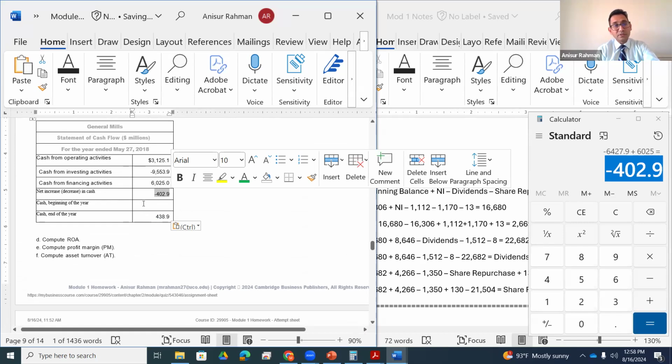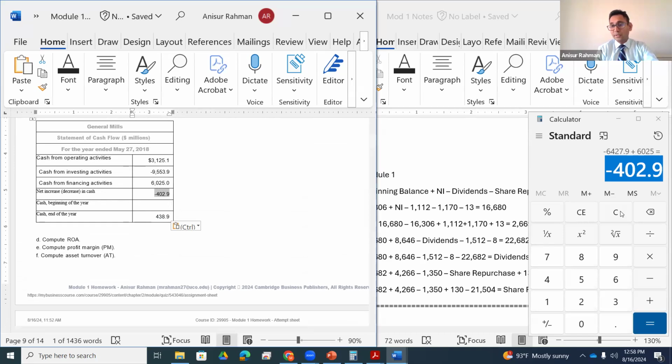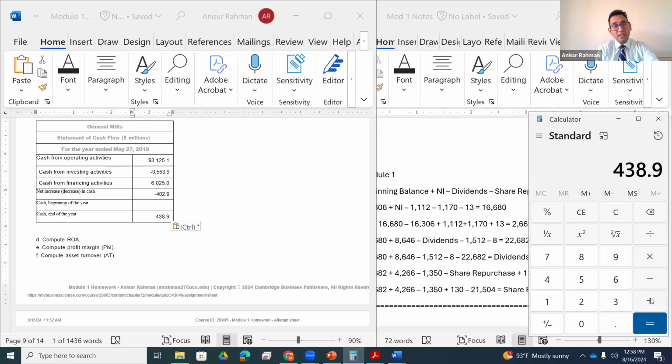So that basically means this number has to be much larger, right? So it will be 438.9, and we have to add the plus 402.9, which is 841.8.